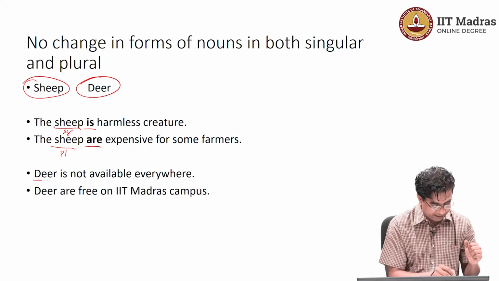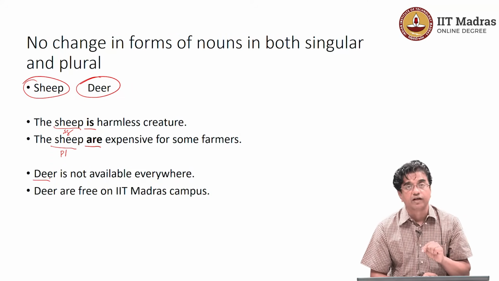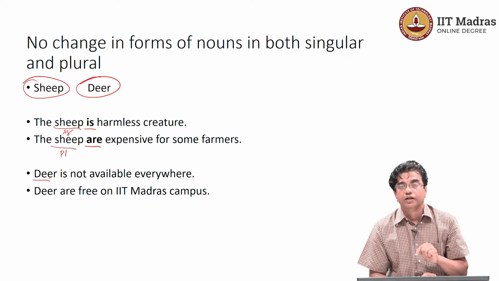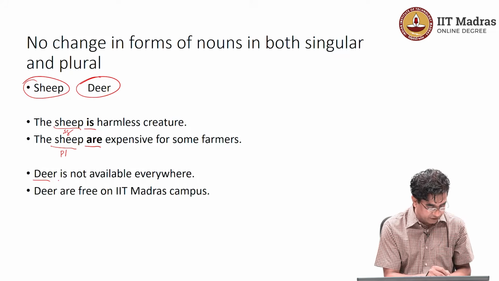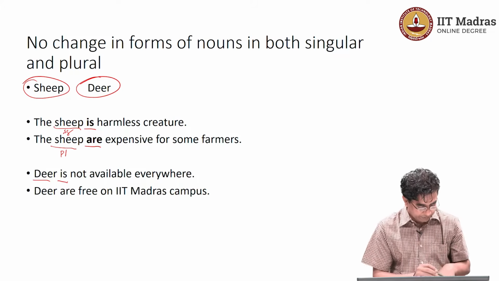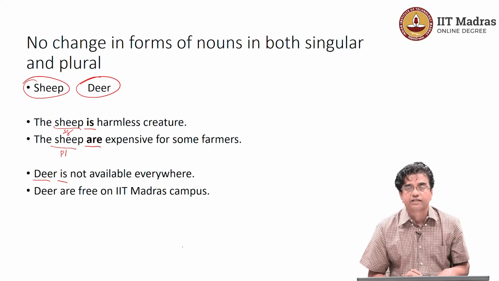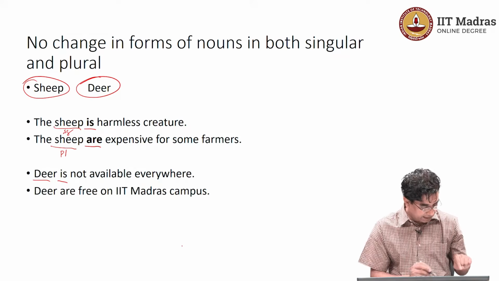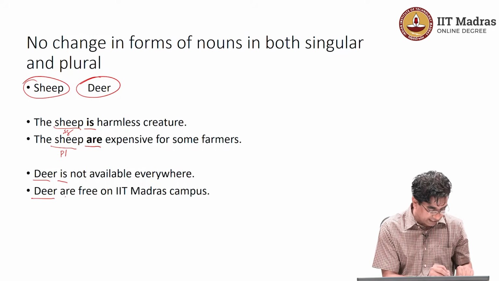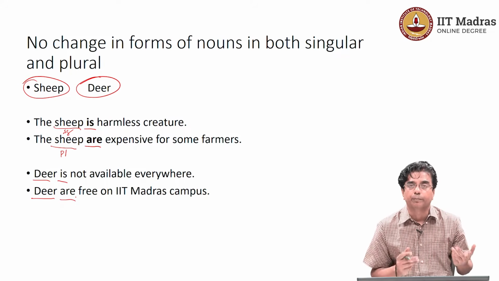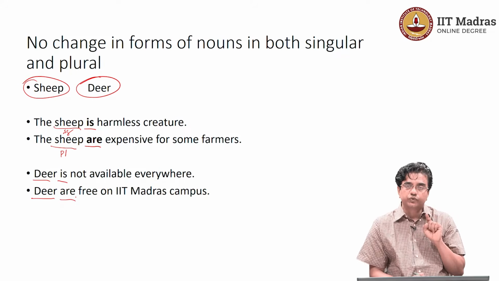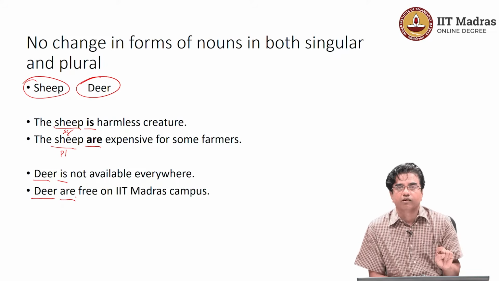Same thing for deer. Deer is not available everywhere. Deer is not seen everywhere. True. So, in this case we are talking about one. Deer are free on IIT Madras campus. Here, when we say are, we are referring to a bunch of them in plurality. So, there is no exception involved here.